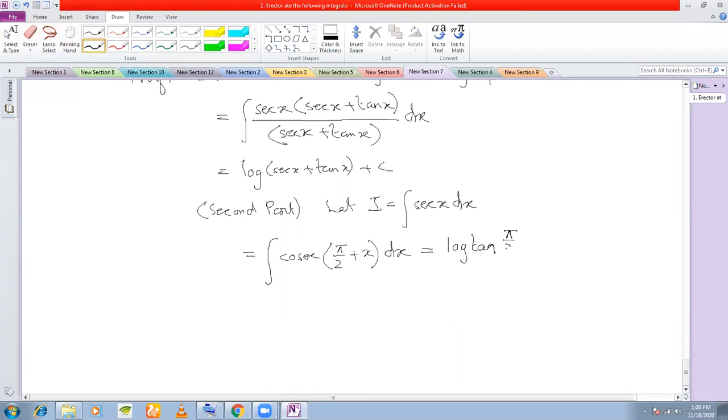What is x here? It is pi by 2 plus x, divided by 2. That was the formula for cosec. So now this becomes log tan(pi/4 + x/2) plus c.